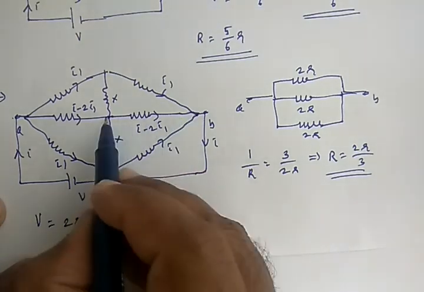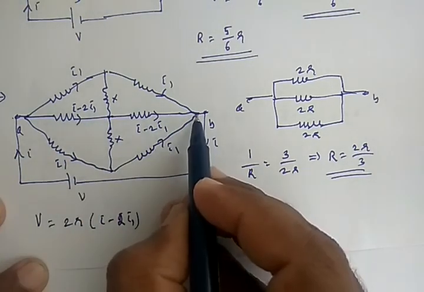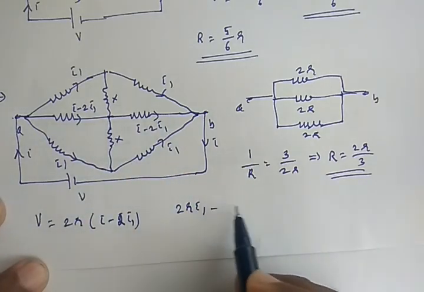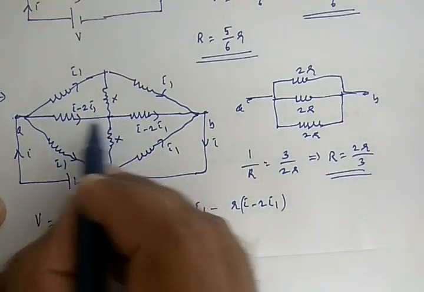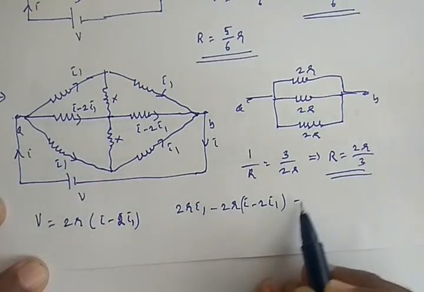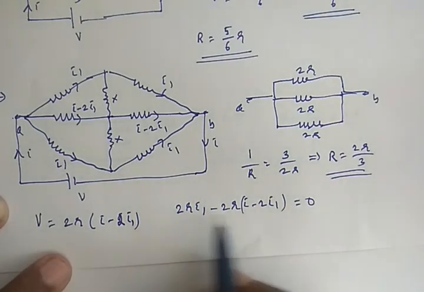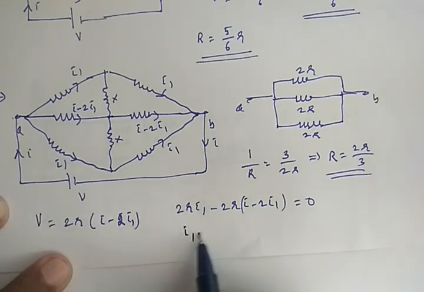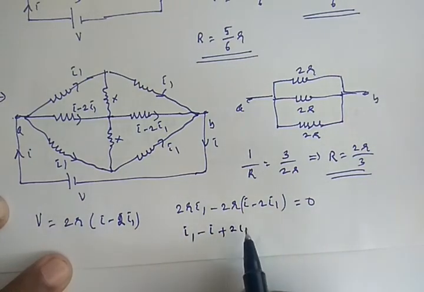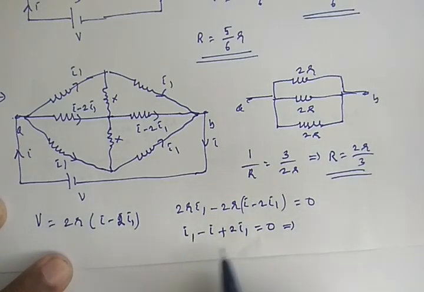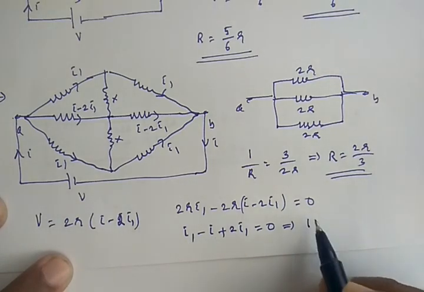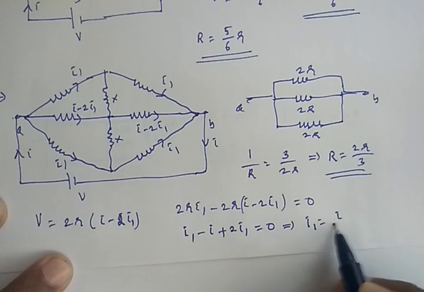Then voltage across this one and this one are similar, and the voltage across this one is minus R into I minus 2I1. And this is also the same. Let us take here 2, and that must be 0. So you can take 2R common, then you get I1 minus I plus 2I1 equals 0. That implies 3I1 equals I, then I1 equals I by 3.